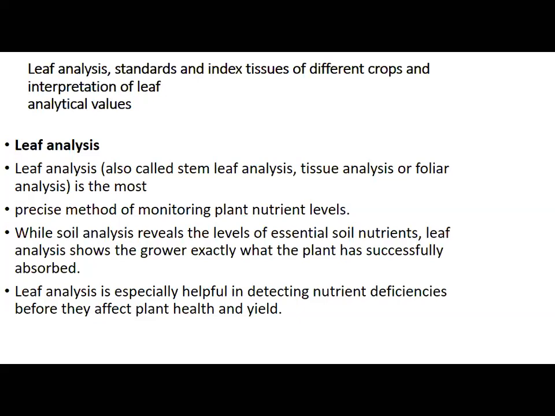Leaf analysis is also done to determine whether there is a deficiency of nutrients, or we can correct the deficiency of nutrients by foliar application, because the deficient nutrients can be easily supplied by application of foliar spray.